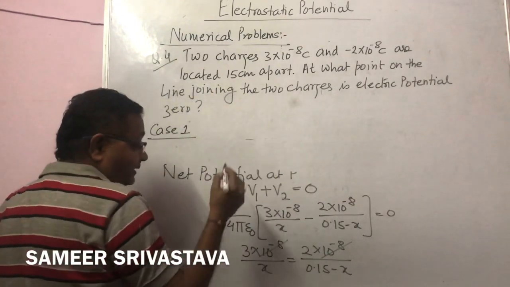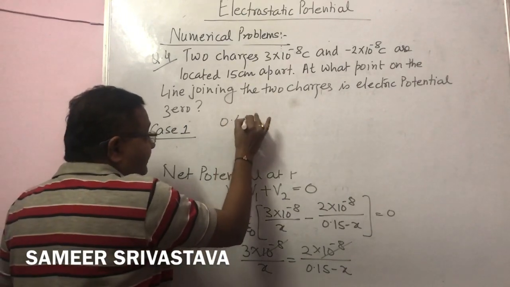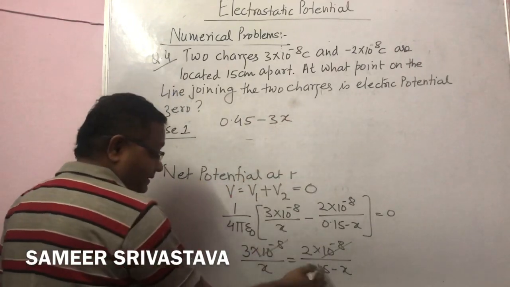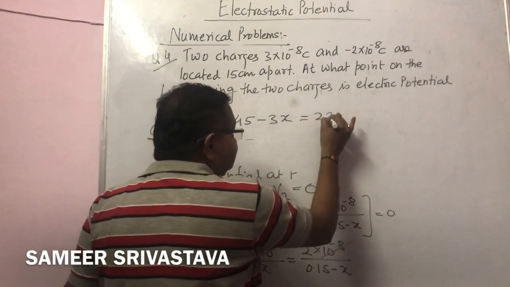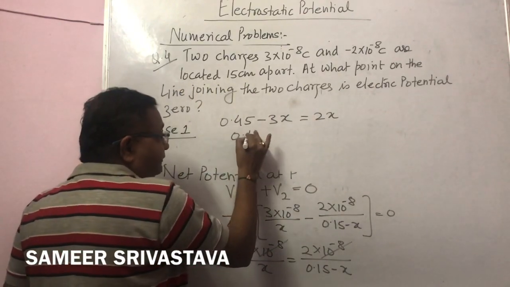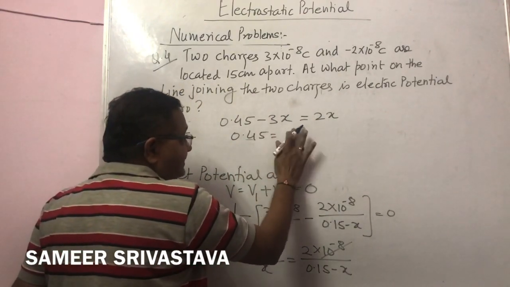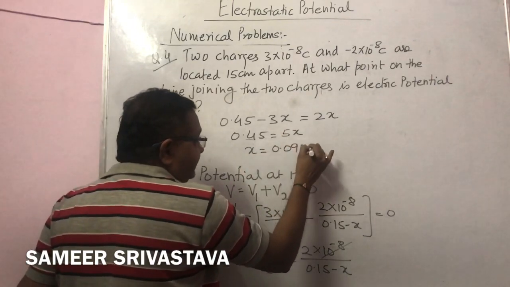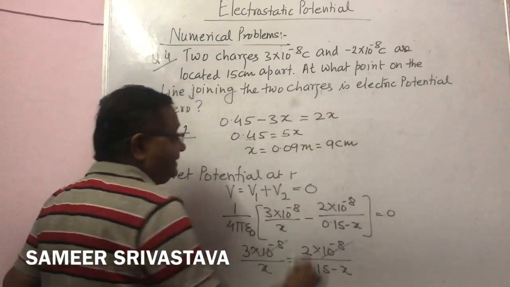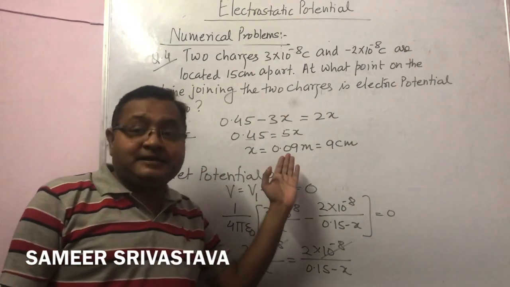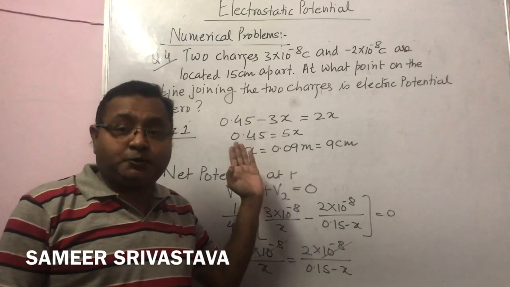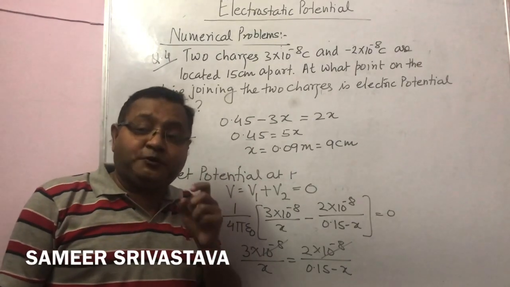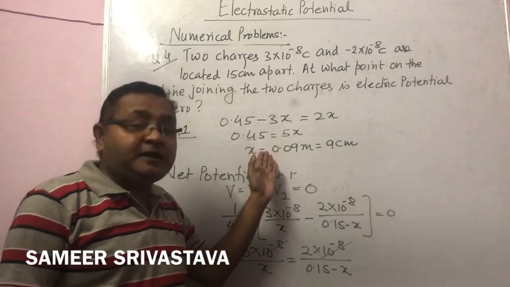Now we get 0.45 minus 3x is equal to 2x, or we can write 0.45 is equal to 5x. So here we get x is equal to 0.09 meter, or we can say 9 centimeter. It means from the charge 3 into 10 to the power minus 8 coulomb at a distance of 9 centimeter, the total potential value will be 0. Okay, this was the first case.